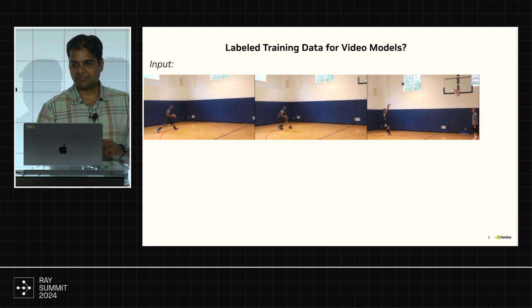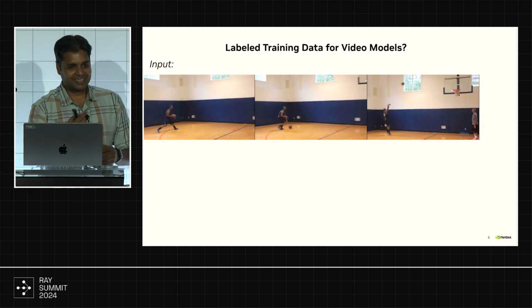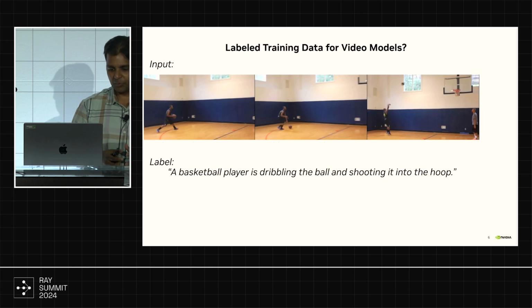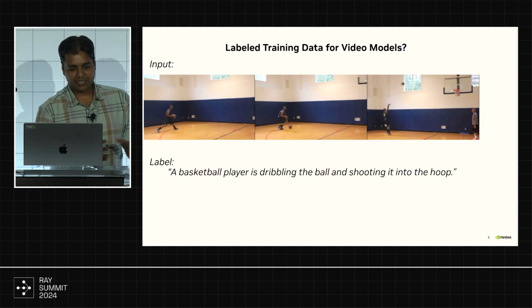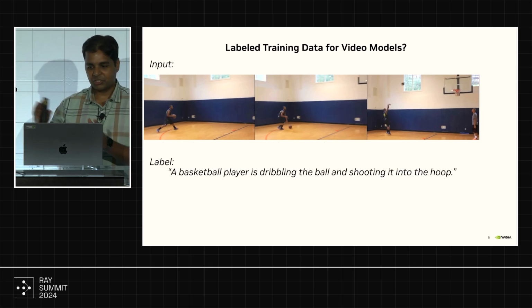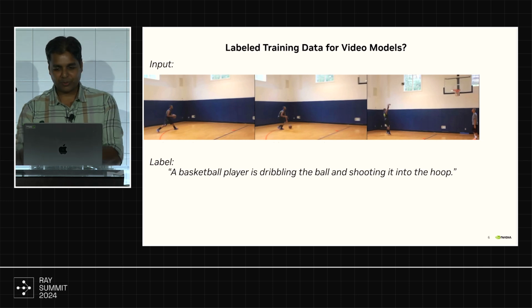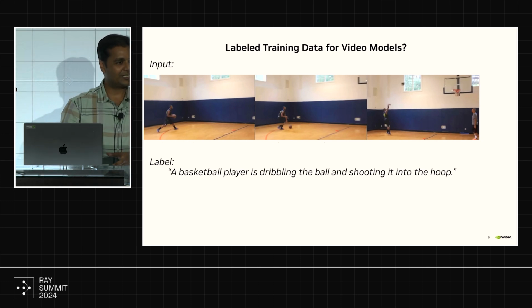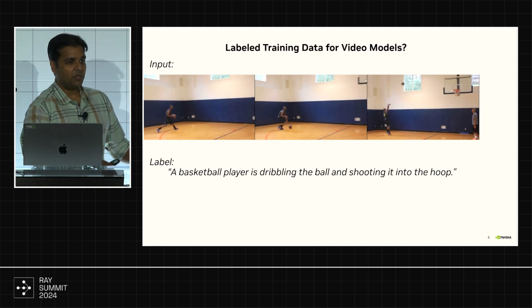Anyone? Yes. A player is shooting a basketball, right? Yeah, and it could be more descriptive as well. You can say a basketball player is dribbling the ball and then shooting into the hoop. Now remember, we don't know what happened after he shot it, right? If we had the next frame and we knew whether it's a basket or not, we could add that to the training data as well. But yeah, exactly. This is what creating label data for video models is.